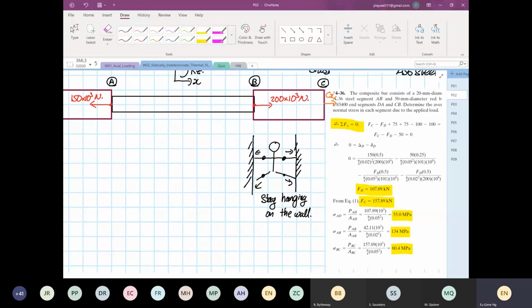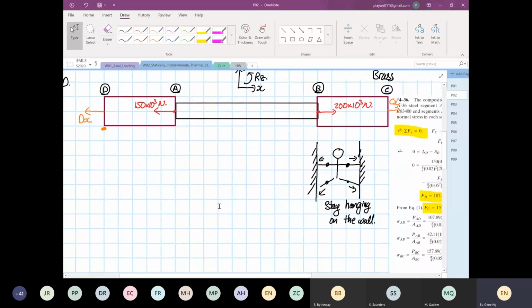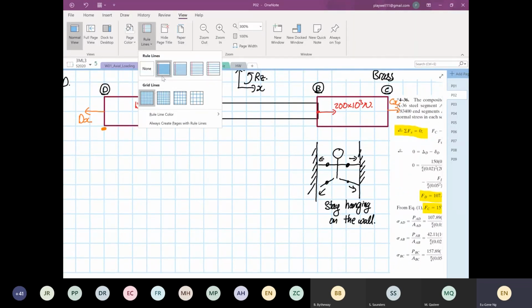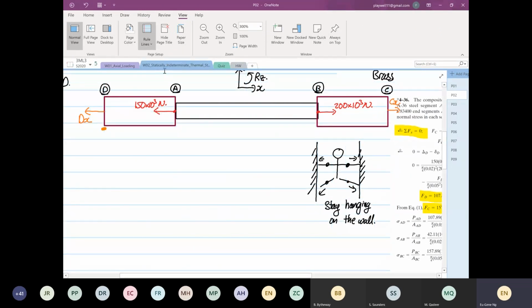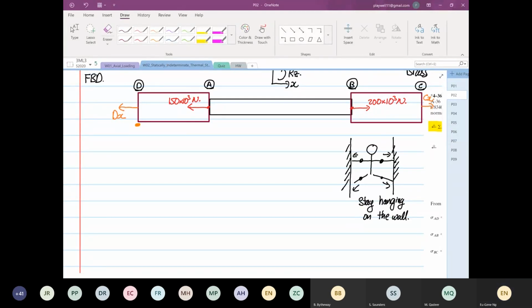So the first thing that we do, right? As I said, this is the first part. I'm going to prove to you that this part is statically indeterminate, which we have done a bit last week. So we are going to apply static analysis. Okay.